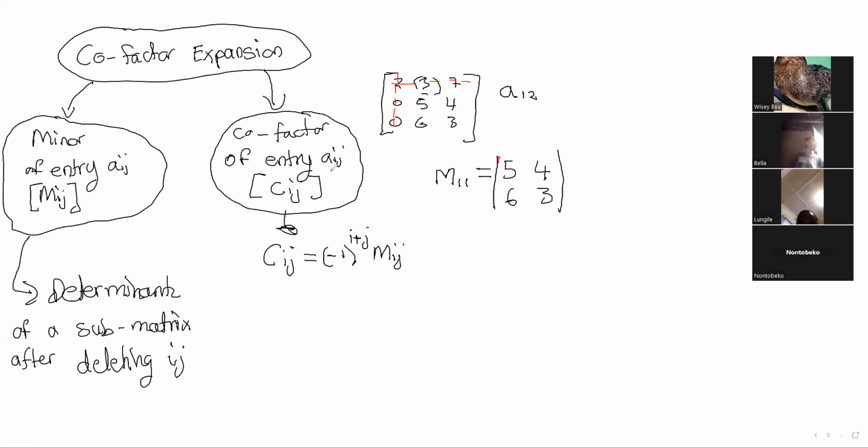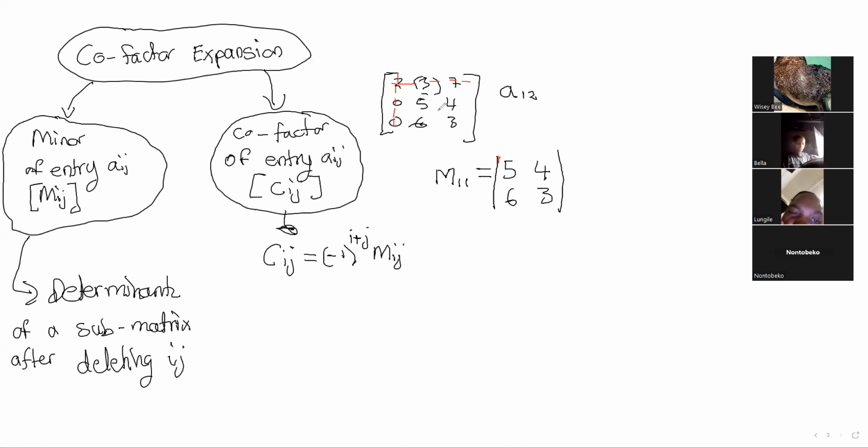What else do we need here? For example, how many entries do you have here? 1, 2, 3, 4, 5, 6, 7, 8, 9. Can you hear me, guys? Yes, we do.